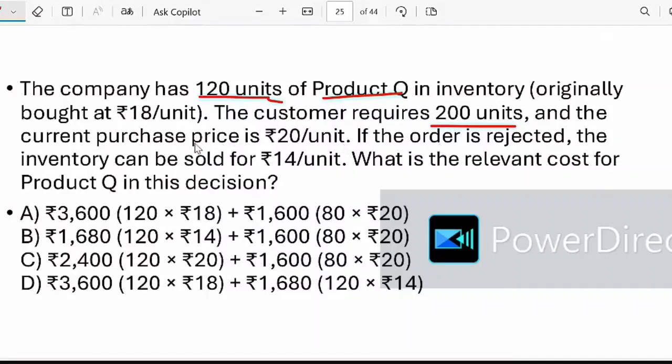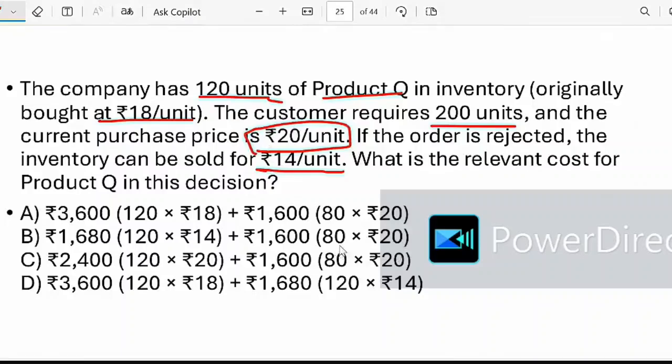The inventory was purchased at rupees 18 per unit. But now the company can either sell them for rupees 14 per unit or use them for the special order. If the order is accepted, the company must buy an additional 80 units at rupees 20 per unit, right?